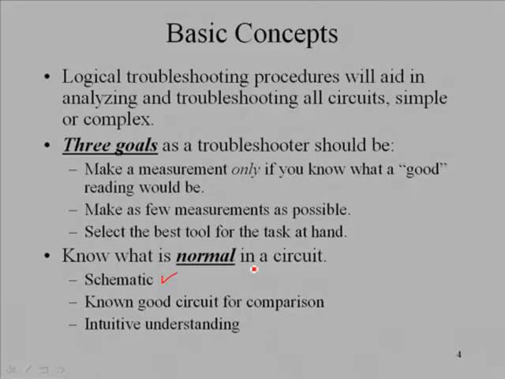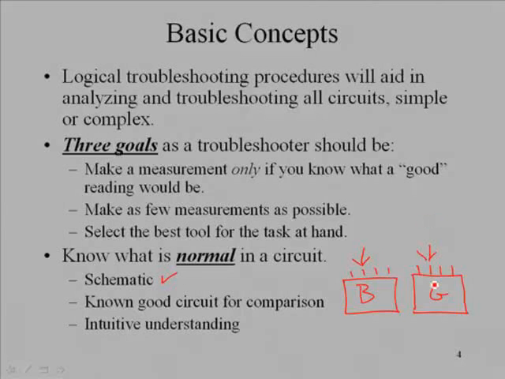Also, another good way to know what is normal is to have a known good circuit for comparison. The idea here is that if I've got a box here, and we'll call this the bad one, and here is the good one. Let's pretend that we have troubleshooting points or voltages that we are measuring, and we suspect that something is wrong here. We could measure the known good box and make a determination: is there something wrong or isn't there?